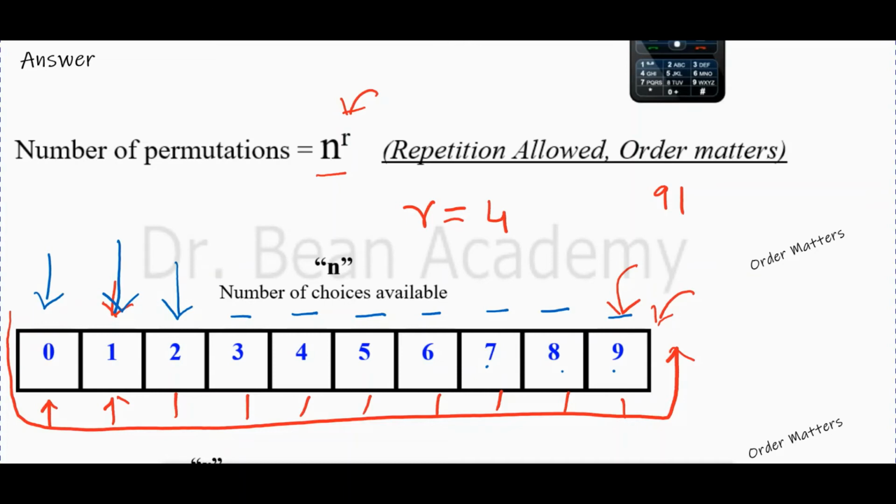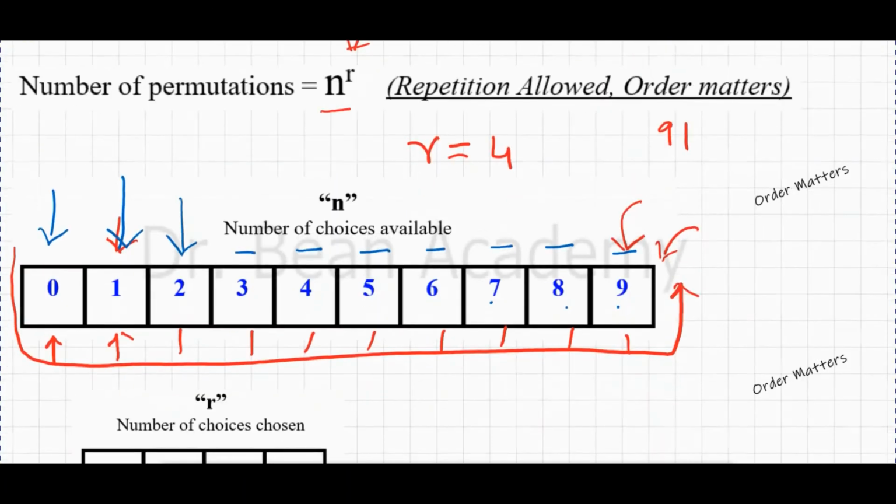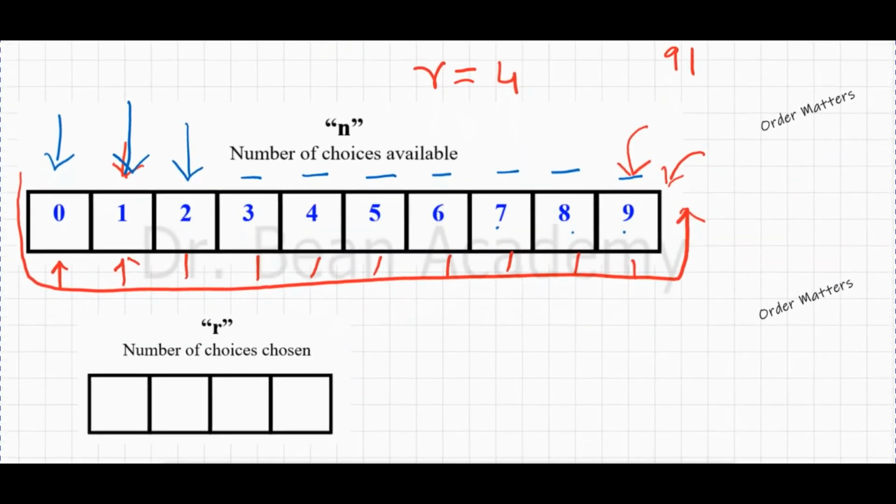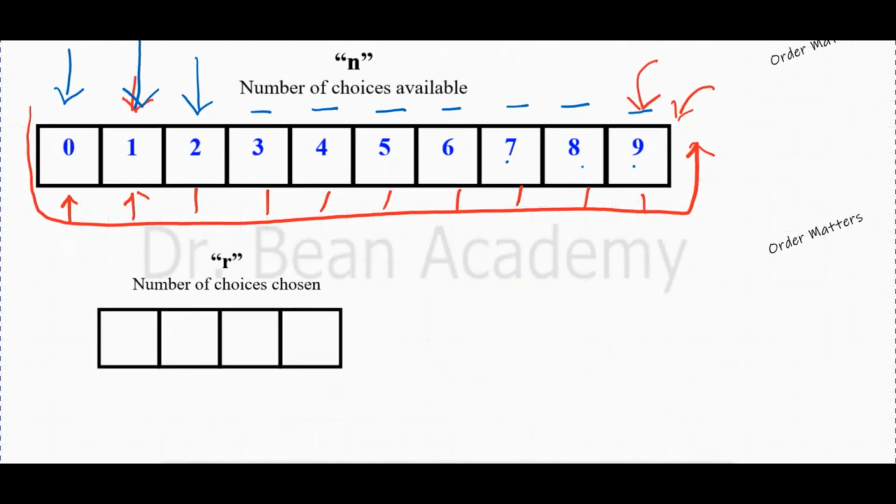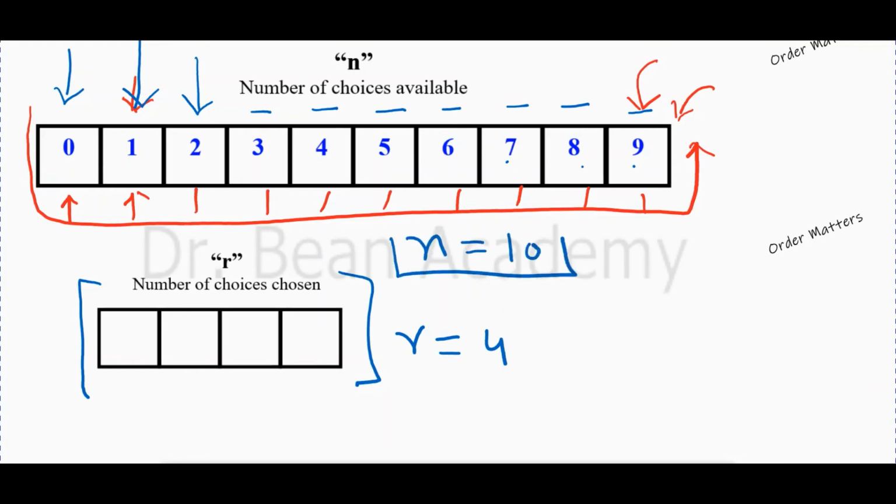I hope now it's very much clear, because I am repeating it again and again so that you will get it. And r is of course 4 because the size of the permutation, or the length of the code, is 4 digits. So r is equal to 4 and n is equal to 10 in our situation.